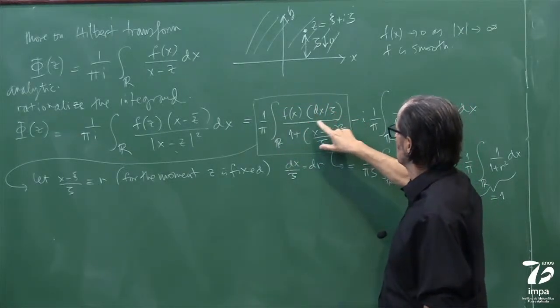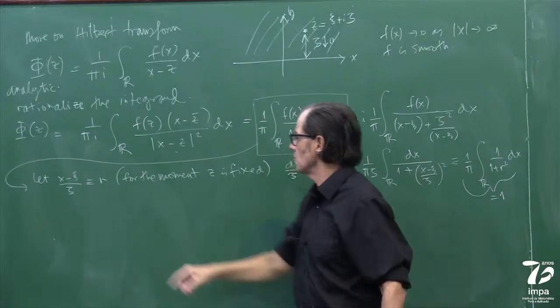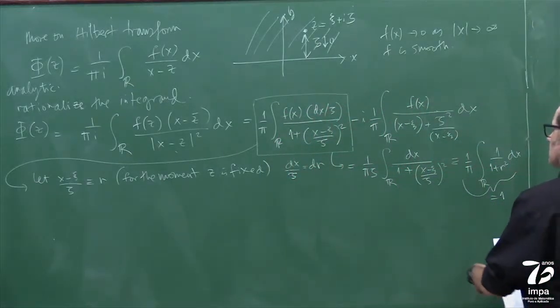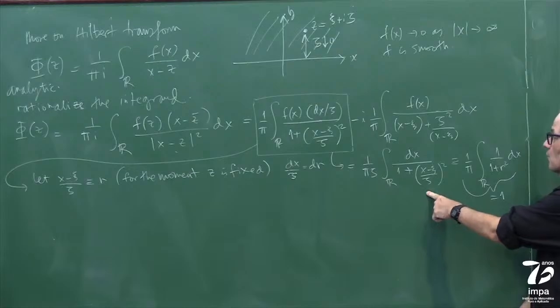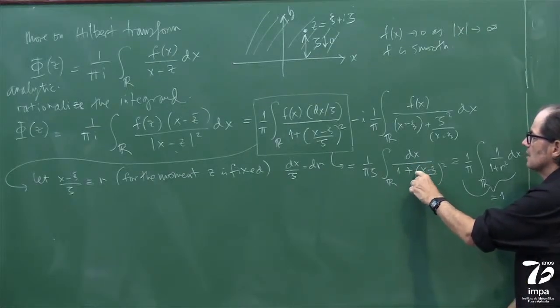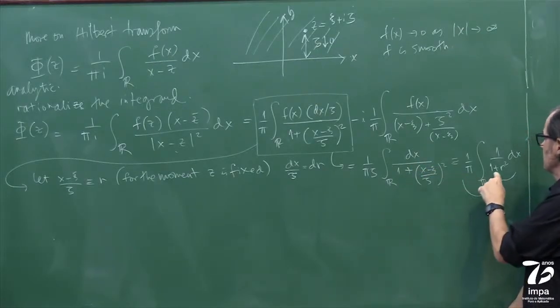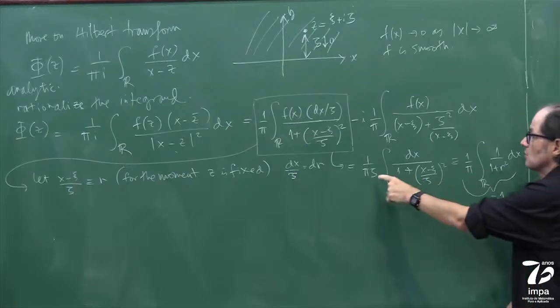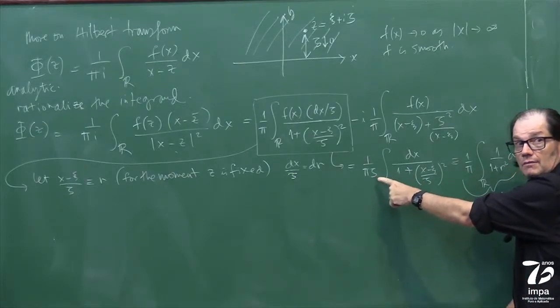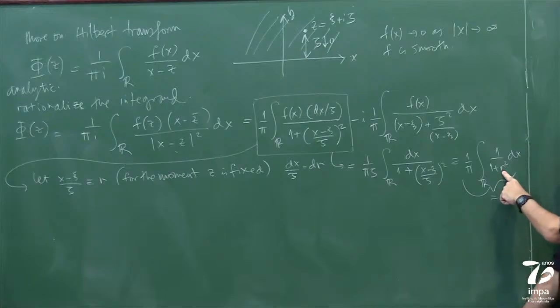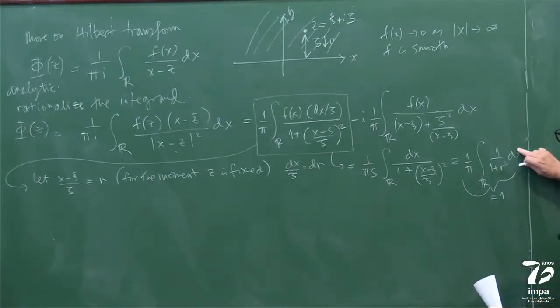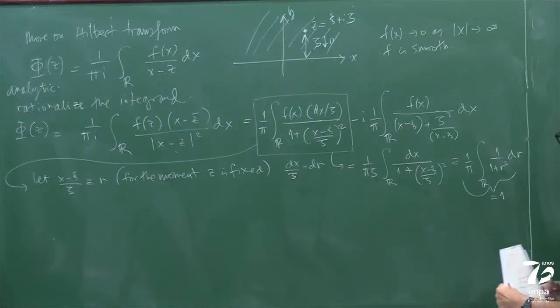If I do this change of variables, without the f it is this, which is like a bell-shaped function like this, but with the amplitude growing. But if I do the change of variables and write it in terms of r, sorry, another mistake here. In the notes, I think it's correct. Yes, it is. It's my mistake on the blackboard.